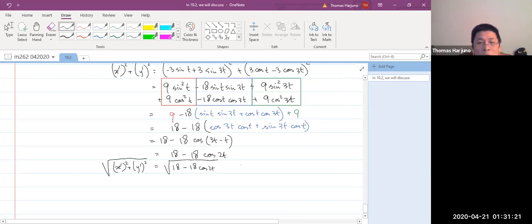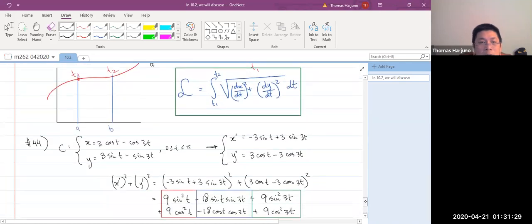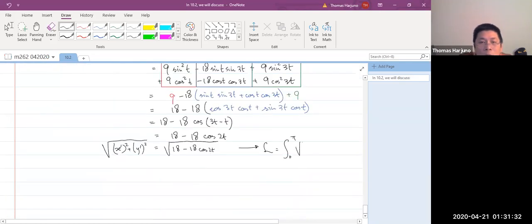So the arc length will be the integral from 0 to pi of the square root of 18 minus 18 cosine 2t dt. I can factor the square root of 18 out. I don't know if it makes you any happier.